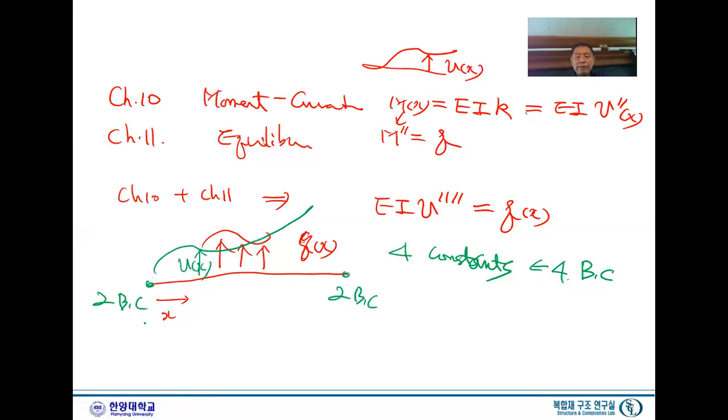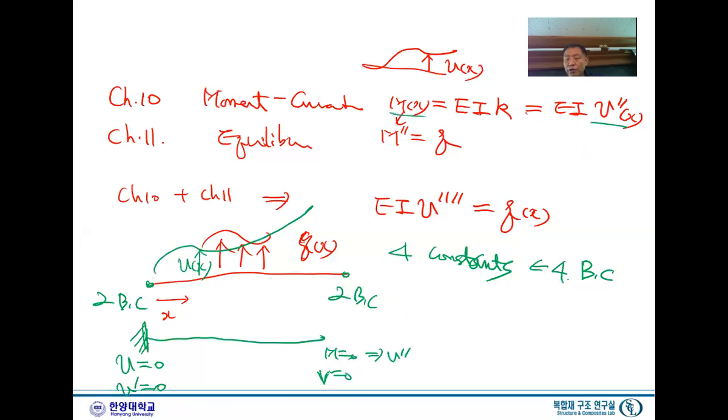For example, if it is clamped and free, clamped, what does it mean? Oh, v equals 0, right? Slope and deflection equal 0. And if it is free, it means that here moment equals 0 and shear force is 0. Moment 0 means the second derivative is 0.